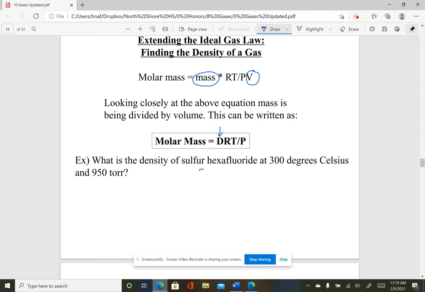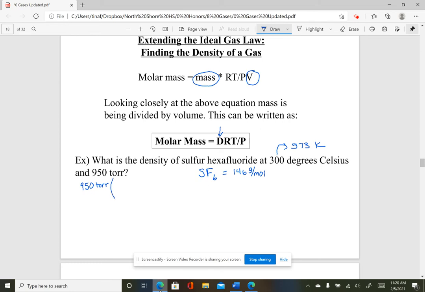So sulfur hexafluoride is that, right? And I can get its molar mass by looking on the periodic table. So 6 fluorines is 6 times 19, plus sulfur is 32. I know this is 146 grams per mole. 300 degrees Celsius is 573 Kelvin. 950 torr.